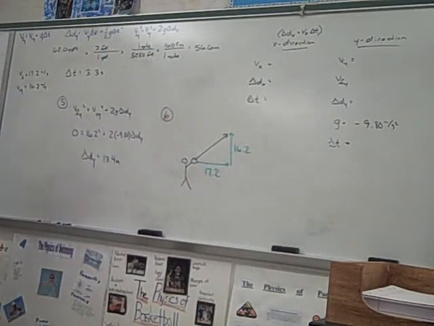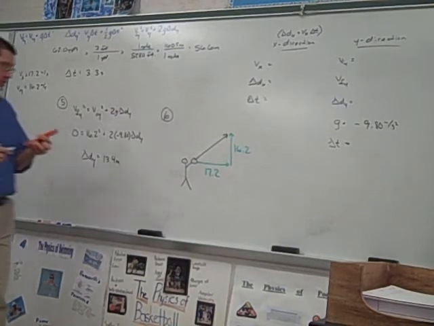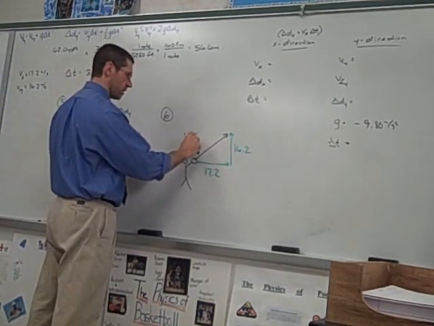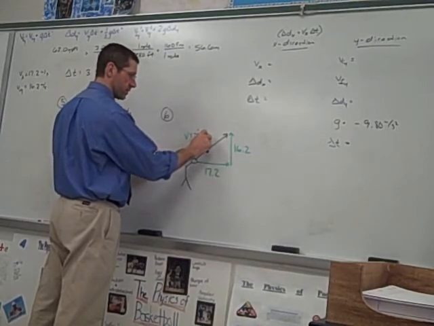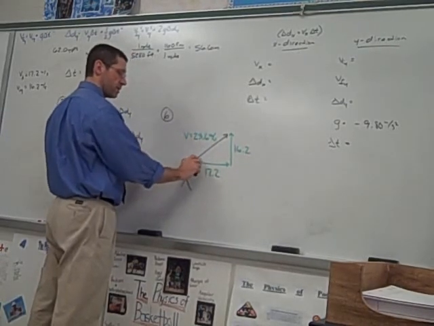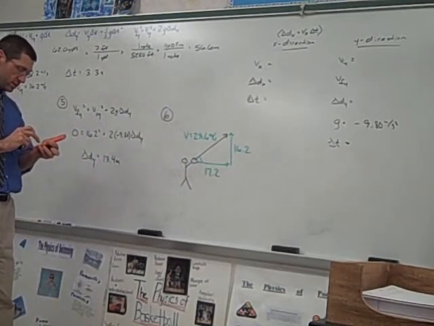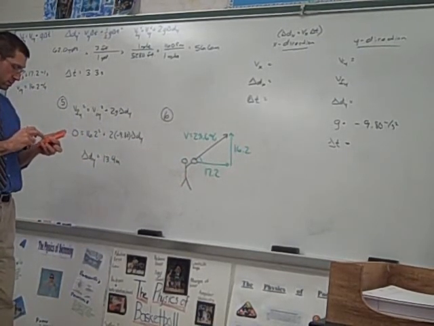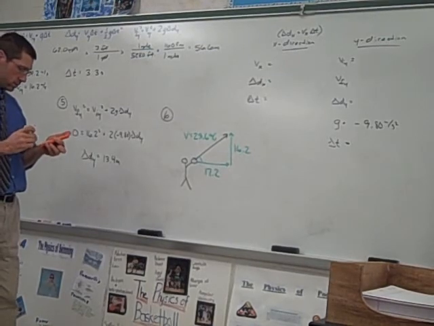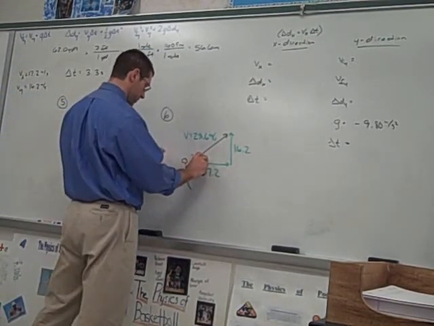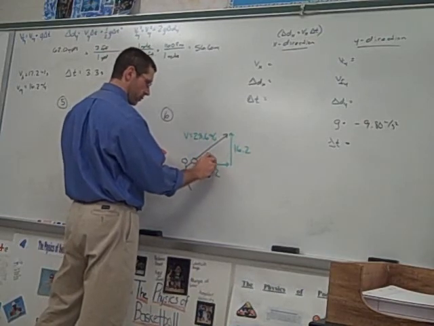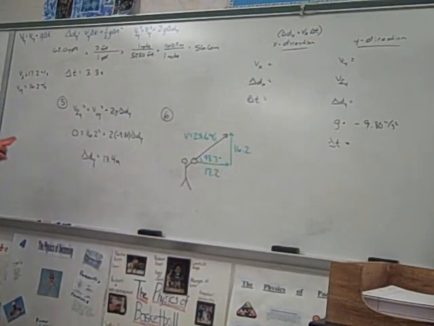So now you do your Pythagorean theorem on those, and you got 23.6. So the overall velocity is 23.6 meters per second. And then you got to get an angle. Find that angle using inverse tangent. 43.3 degrees. So the velocity was 23.6 meters per second, 43.3 degrees.